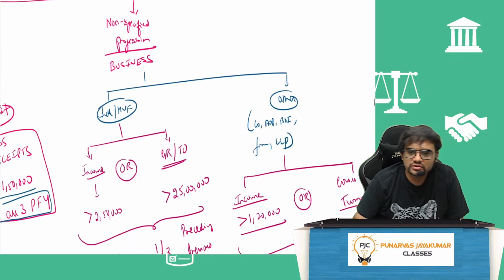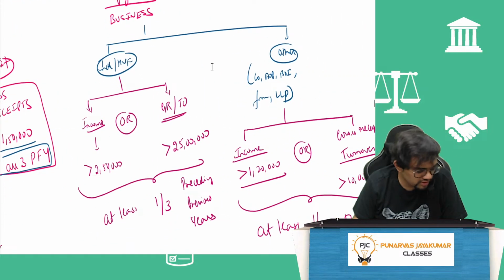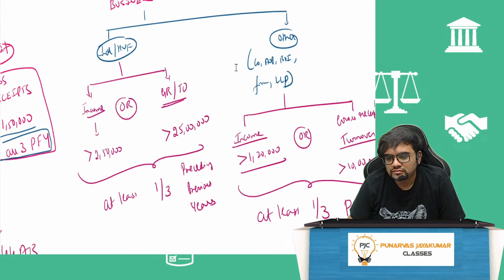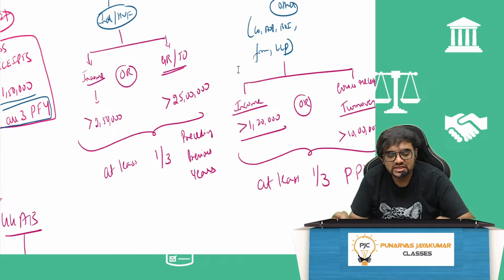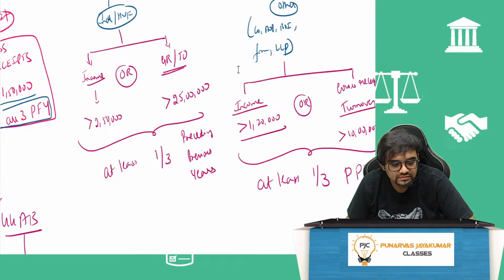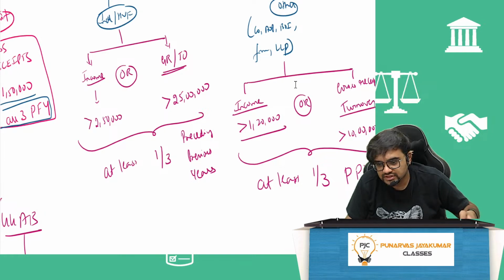Non-specified business means what? Individual or HUF: income more than 2,50,000 rupees or gross receipts or turnover more than 25 lakh rupees in at least 1 out of the 3 preceding previous years.